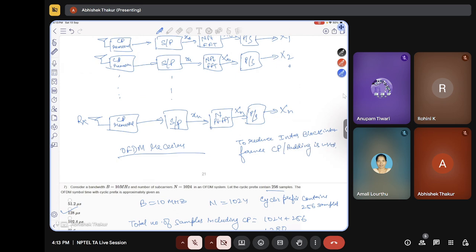So these things are important in OFDM. You can go through the lecture slides, where all things are explained. Basically, with correlation of the ith subcarrier, we can receive that symbol.